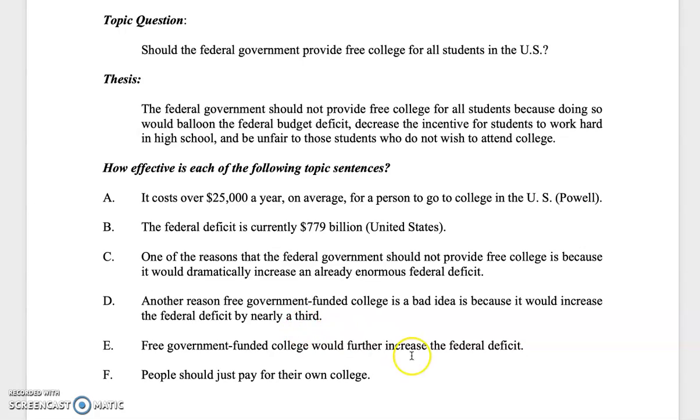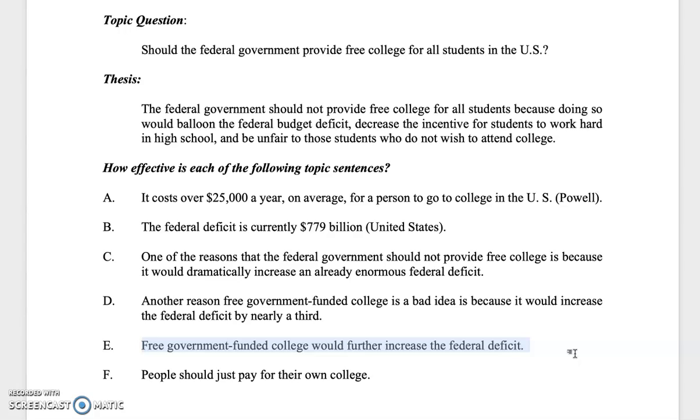All right, let's look at E. E is also a good example. Even though it doesn't use the word reason, it makes a claim that is just very obviously a reason to be against free federal funded college, because it says free government funded college, so that's the issue, would do this bad thing, increase the federal deficit.